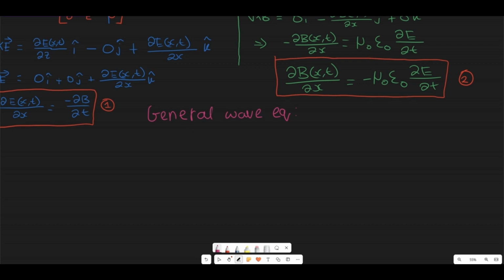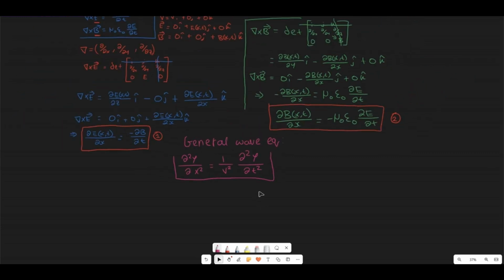It is second order in space derivatives, equal to 1 over v squared times the second order in time derivative. This is the general wave equation, and what's useful is that it contains velocity, and that's what we're trying to solve for.